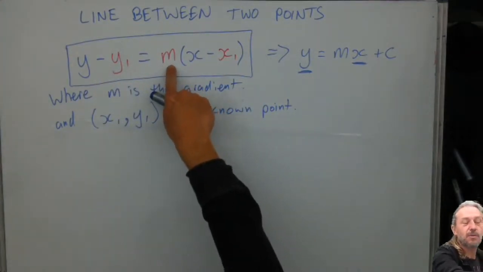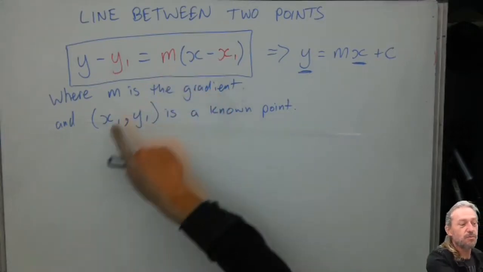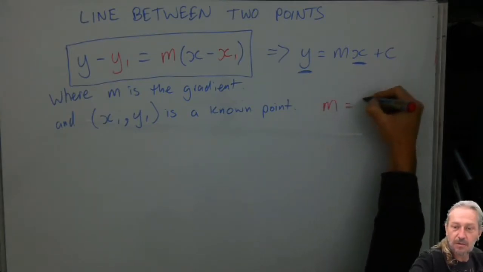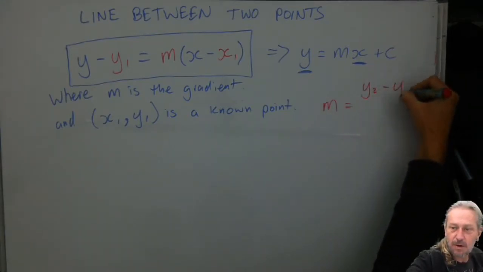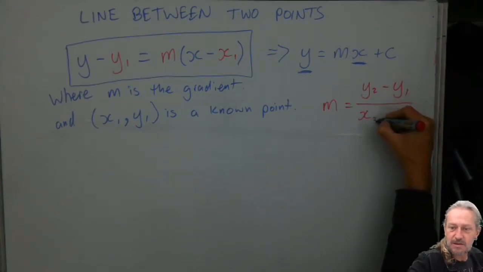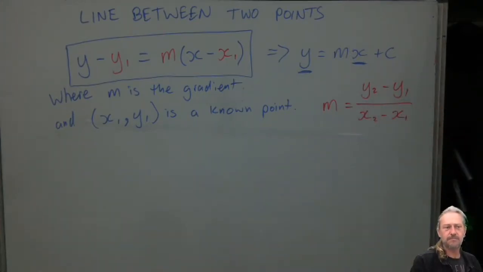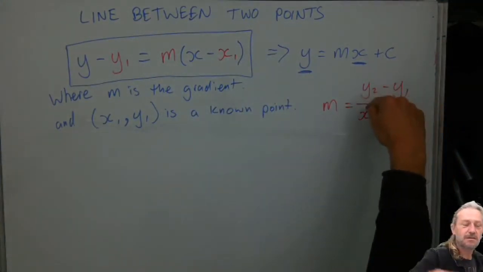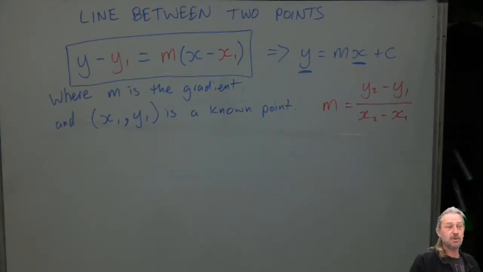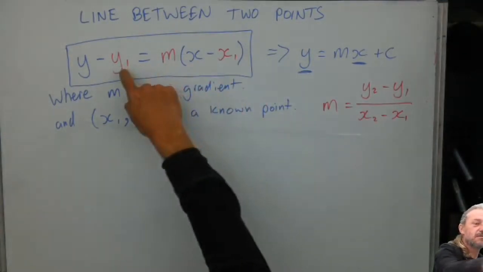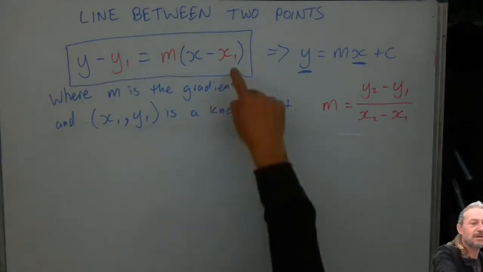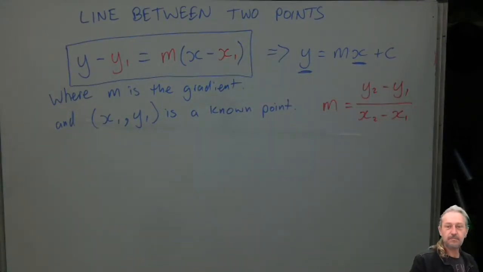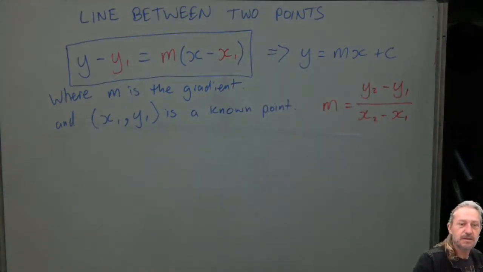If we aren't given the gradient, we'll be given 2 points and we'll need to use m equals y2 take y1 over x2 take x1 to find this first, and then we'll use one of these coordinates, doesn't really matter which one, to substitute in for this x1, y1, and then we'll rearrange it into this form. So let's put the box around that.